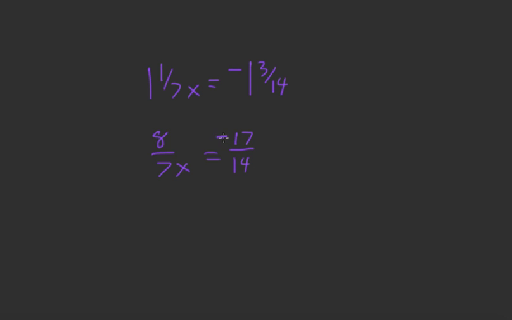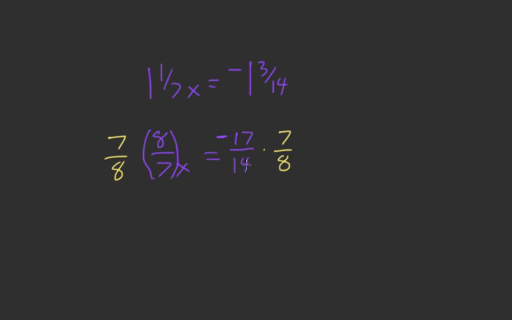And we make sure that we remember this is indeed a negative, and then we need to divide by 8/7 in order to get x by itself, but when we divide by 8/7, we times by the reciprocal, so now it's 7/8, okay? And then what we do to one side, we do to the other, so now we times this by 7/8 as well. And then we're going to solve.